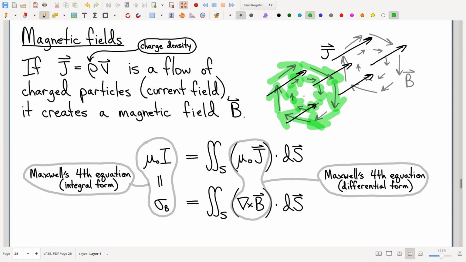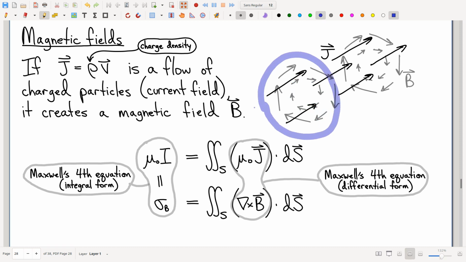Now with that in mind, let's imagine a scenario where we have a loop of some sort, let's say about like that. And let's imagine that we have a surface inside of that loop, or to say it differently, suppose that my surface's boundary is that loop. There's a couple things we can talk about on that loop and in that surface.